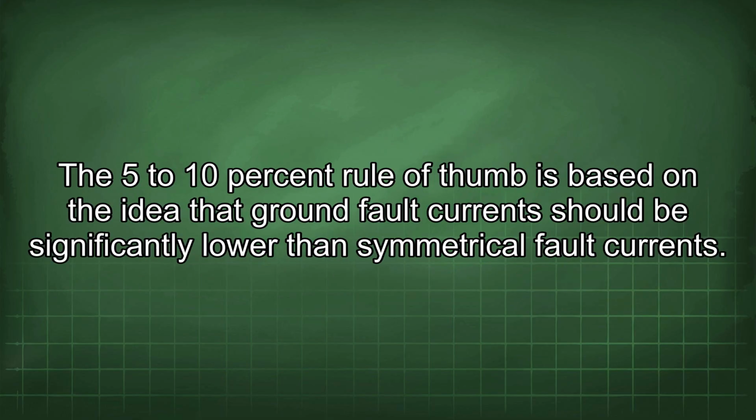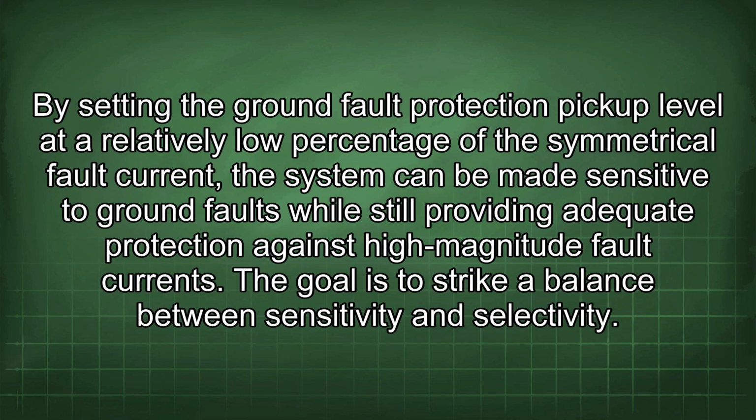The 5 to 10% rule of thumb is based on the idea that ground fault current should be significantly lower than symmetrical fault currents. By setting the ground fault protection pickup level at a relatively low percentage of the symmetrical fault current, the system can be made sensitive to ground faults while still providing adequate protection against high-magnitude fault currents.